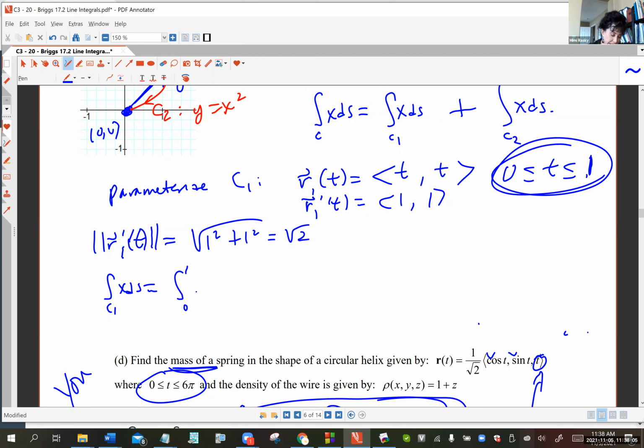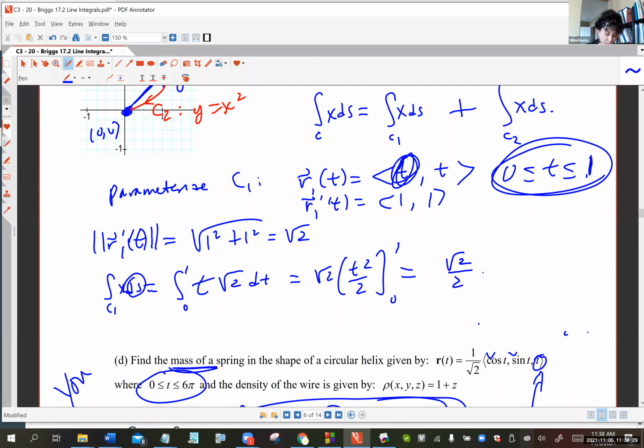And then the x ds, no, you don't put x ds there. X, you're going to use the x component that you'll cherry pick off of your vector valued function. ds is the arc length element, so square root of 2 dt. And so this is pretty easy to integrate because it's going to just have t squared over 2 going between the limits of 0 and 1. And so we'll get square root of 2 over 2. Let's save this for later.